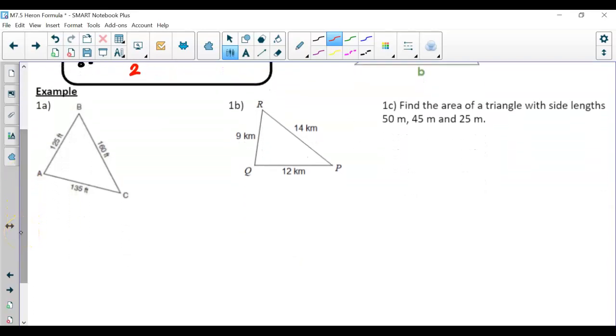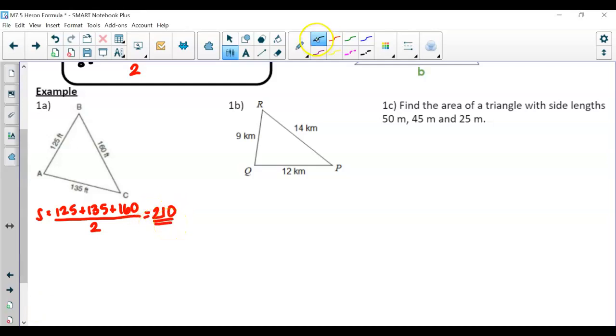Like example 1A. Let's go ahead and calculate the value of S. Add up all three sides, 125 plus 135 plus 160, the perimeter. But then divide by 2. So don't forget that step. And here, the semi-perimeter, you should get 210.